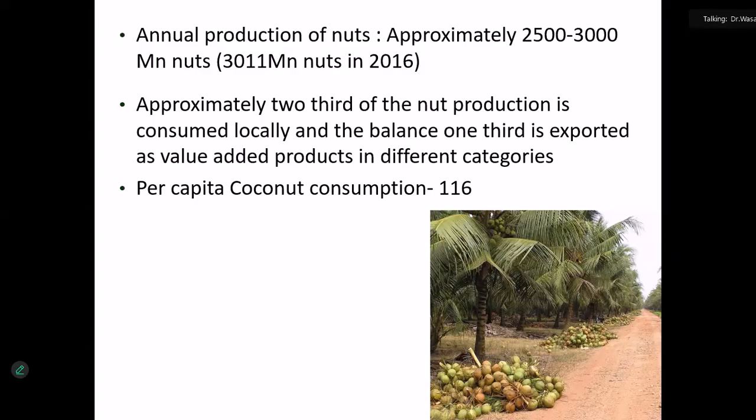This is very important in the exam, that's why I take much time. Per capita coconut consumption is 116 in Sri Lanka. What is per capita coconut consumption? Coconut consumption per person, 116.